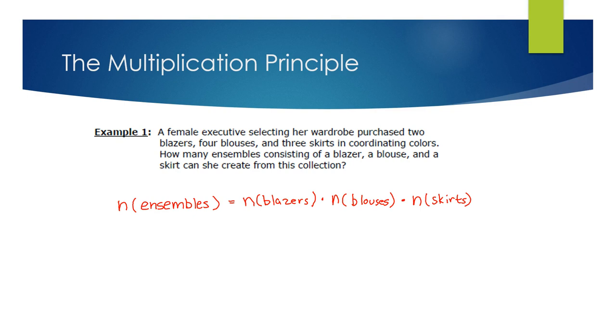There'd be 4 outcomes for the possible blouses that could be chosen, and 3 outcomes for the skirts. So if I take 2 times 4 times 3, there would be 24 different combinations that she could wear into the office for her work.